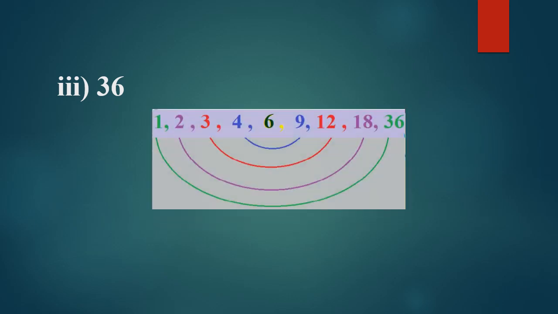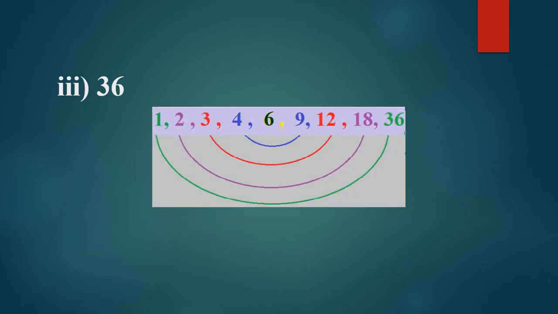It has become really easy to find out the factors of number 36 now. We will write number 1 on the leftmost side, and we know that 1 thirty-six is 36. We are going to write number 36 on the rightmost side.